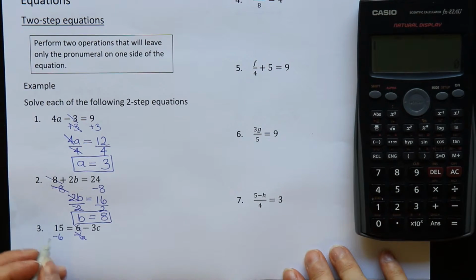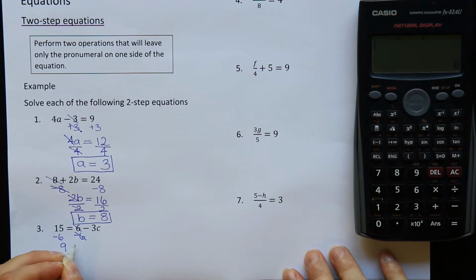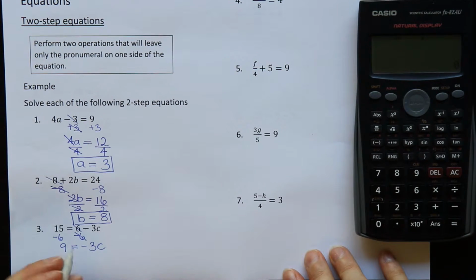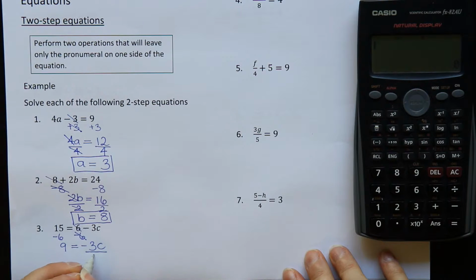15 minus 6 is equal to 9, which is equal to, on this side, the minus 3c still. Now I need to work out what to do next. My second step, minus 3 times c. So I need to divide by minus 3 and divide this side as well by minus 3.